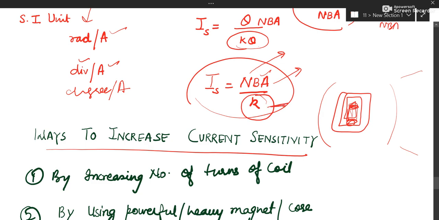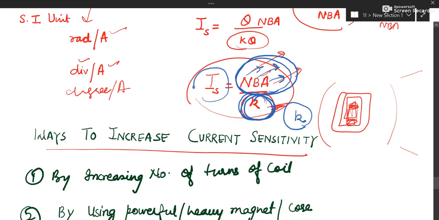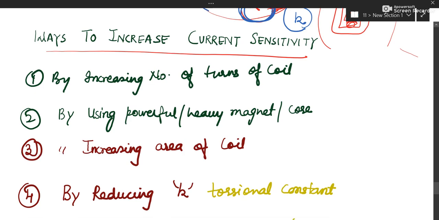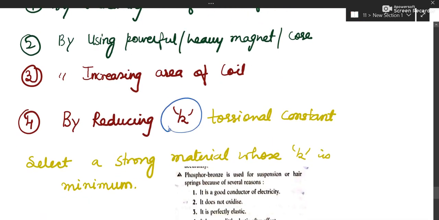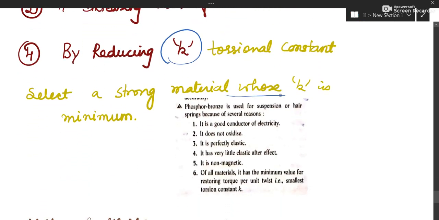The better way is to decrease the torsional constant, because if you increase the number of turns, use a powerful magnet, or increase the area, your galvanometer will become bulky. So it's better to select a material whose torsional constant is minimum, whose K is minimum.